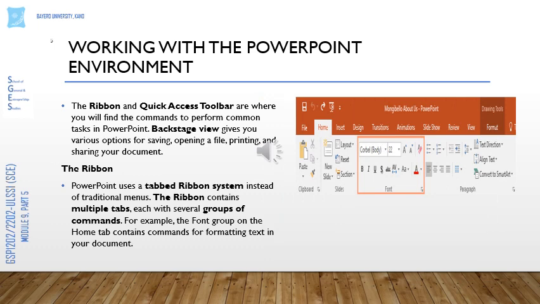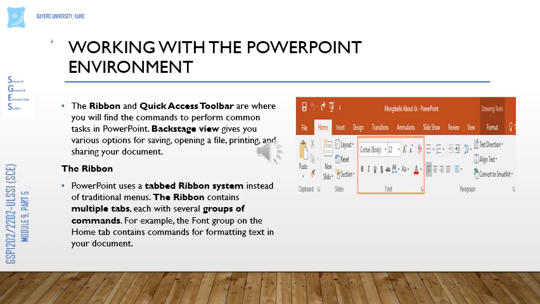We'll be taking a view on working with the PowerPoint environment. Like we have said on the different word processing software we have talked about, PowerPoint also has what is called a ribbon and a quick access toolbar. The ribbon on Microsoft PowerPoint is a tabbed ribbon system.